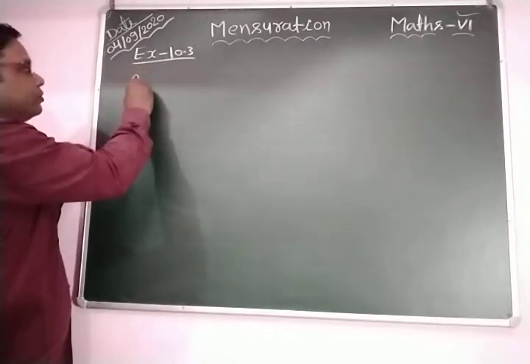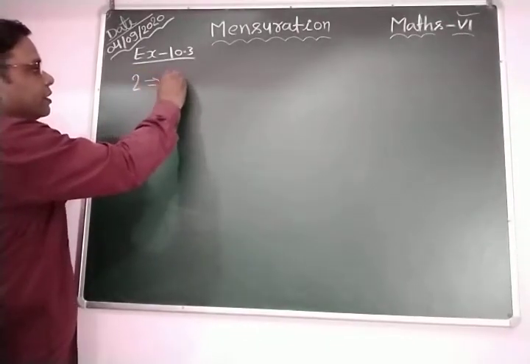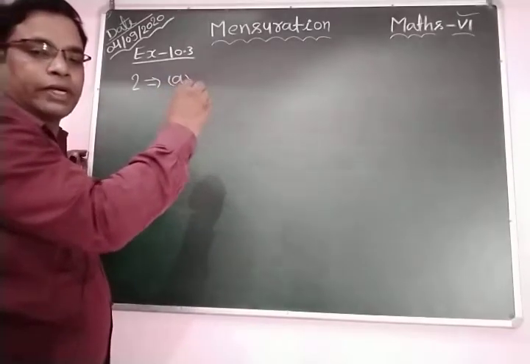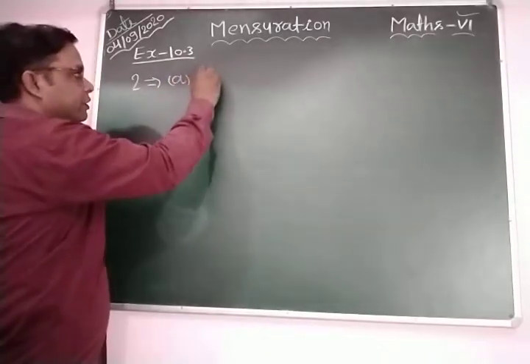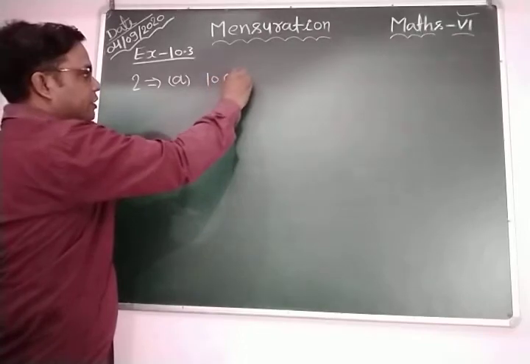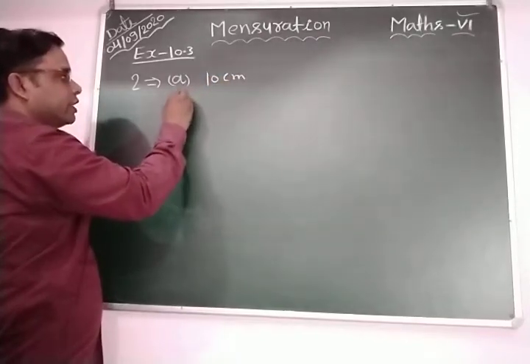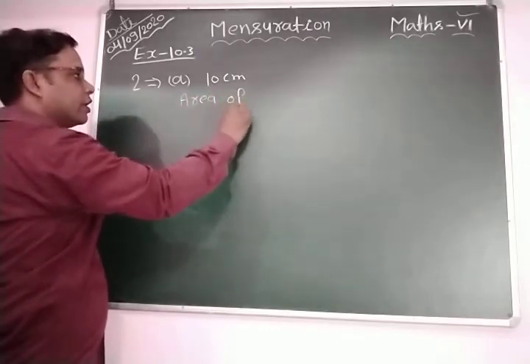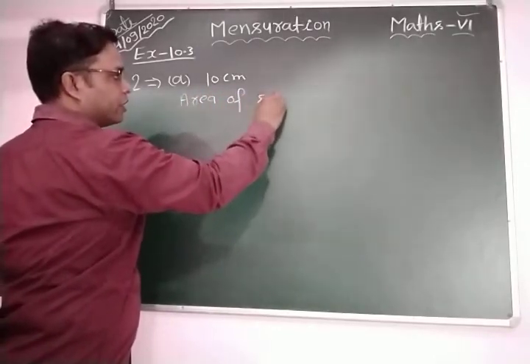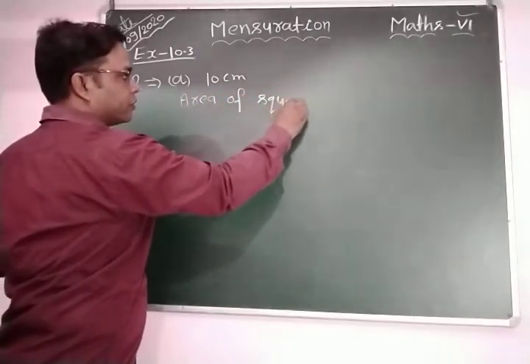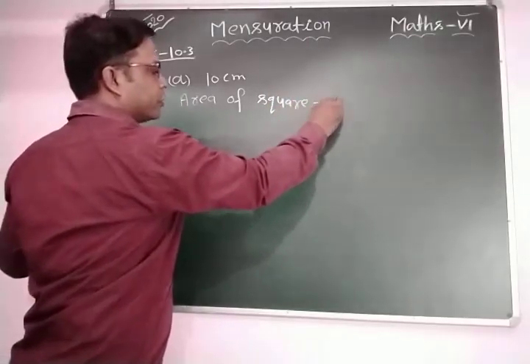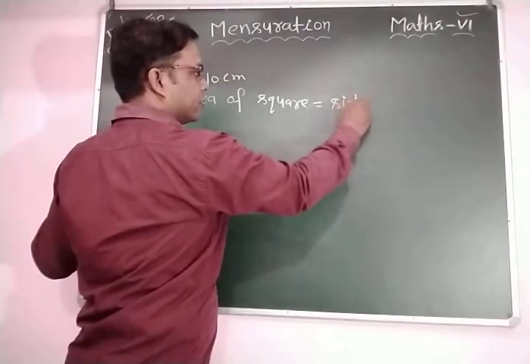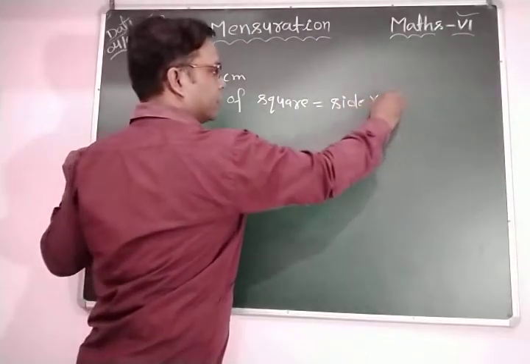Question number 2, part A. Here the side of the square is given as 10 centimeter. So we know that area of a square is equal to side into side.